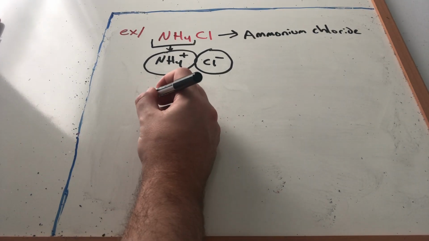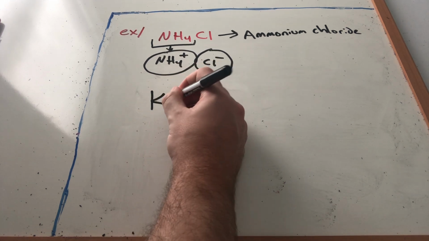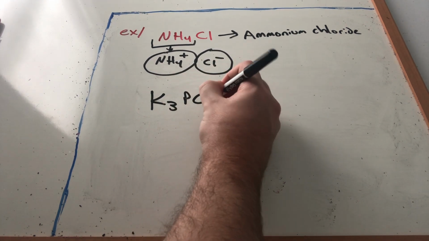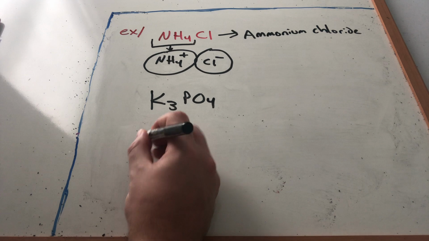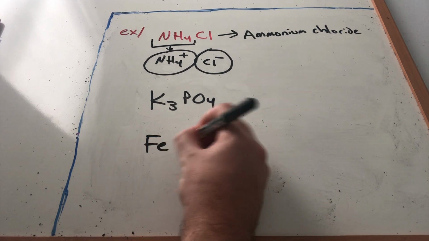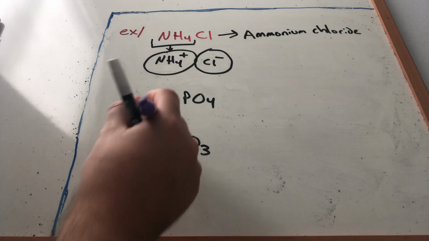Let's look at something like K3PO4. And then after that, let's do FeSO3. So I look at these compounds and I go through my normal naming identification steps, and I see metals present.